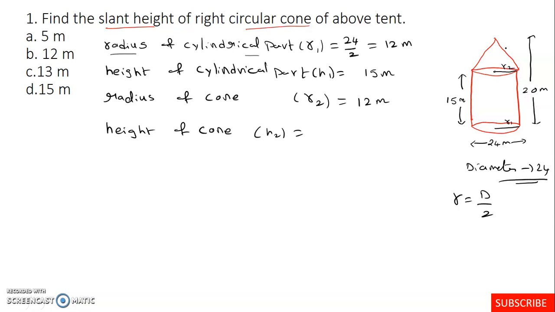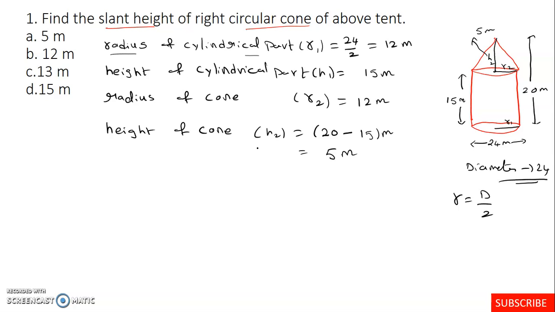If you do subtraction, you will get the conical part height. So h2 is 5 meter.